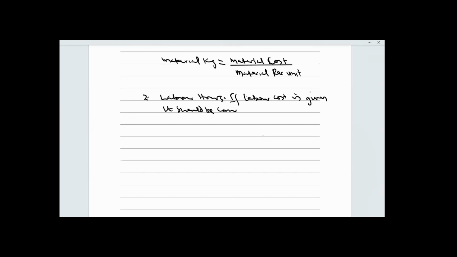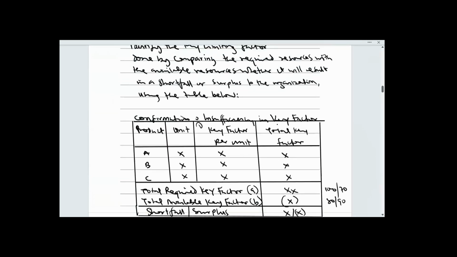It should be converted to labor hours as follows. Okay, so in this case, I would then say labor hour equal to labor cost divided by labor rate. All right, so labor cost divided by labor rate will give you labor hour. So we are still on step 1.